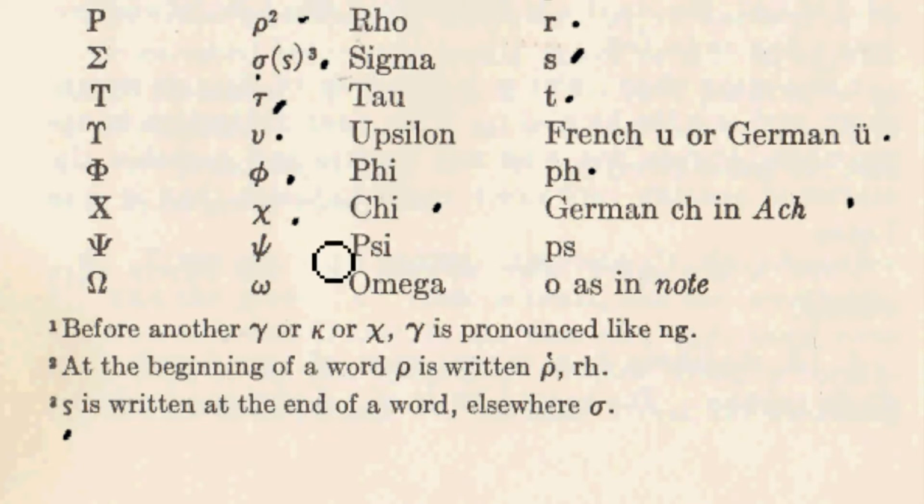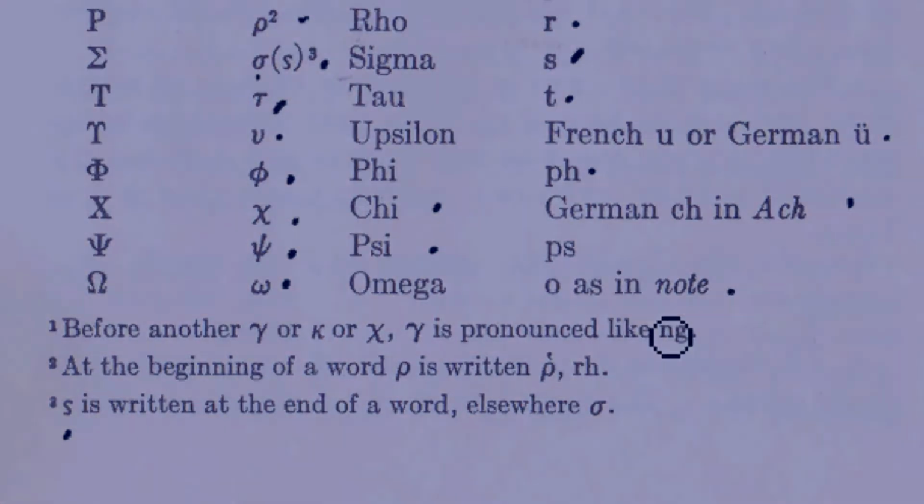It's the first letter of the word Christos, and that's why the chi is sometimes seen as a symbol or abbreviation for Christ, as in Xmas. That's the chi there at the beginning of Christmas. The psi is the symbol for psychology, starts with a PS and makes that kind of PS sound. And finally, the last letter of the Greek alphabet is omega. It makes a long O sound, O as in note.